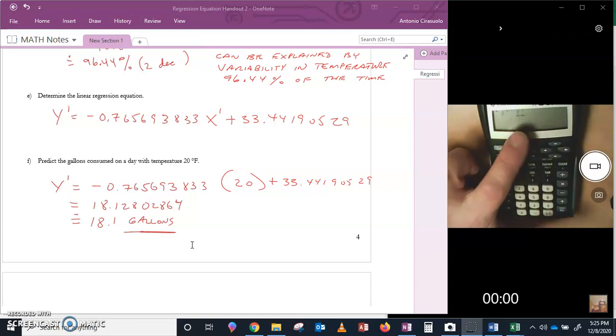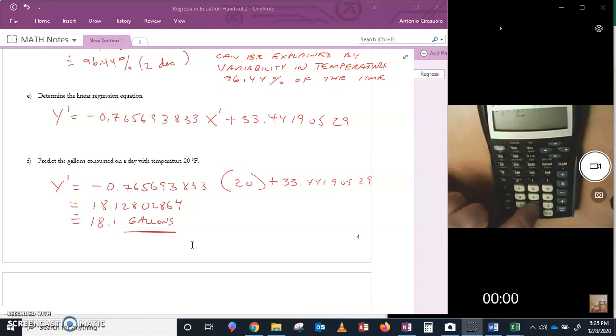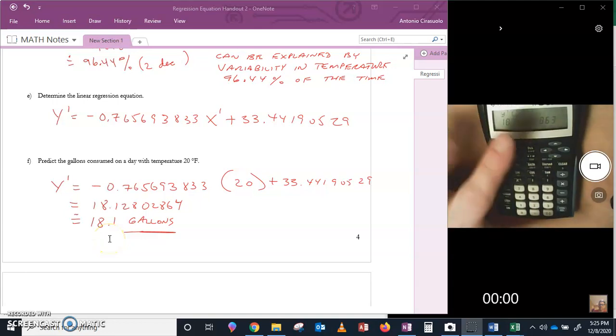If you scroll to your y prime and then you put 20 and enter, because we're trying to figure out y when x is 20, it gives us the answer, and there it is. So they're identical. Actually, there's a little bit of rounding here, but all digits are identical up to here. Okay, so it shouldn't impact. So you can use your calculator to do the prediction as well.